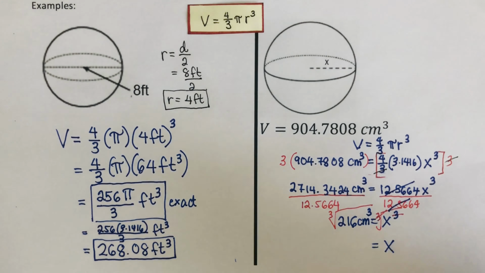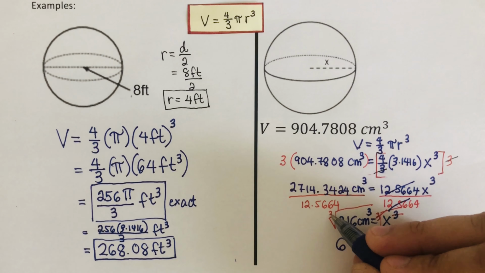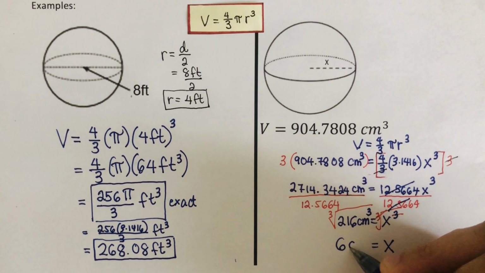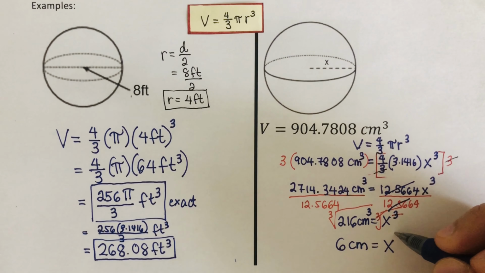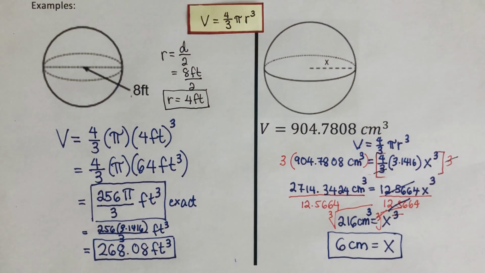That number is 6: 6 times 6 is 36, and 36 times 6 is 216. So I'm multiplying 6 three times. And cubic centimeters, when we cross out the cubed, would just be centimeters. So our radius for this sphere is 6 centimeters.